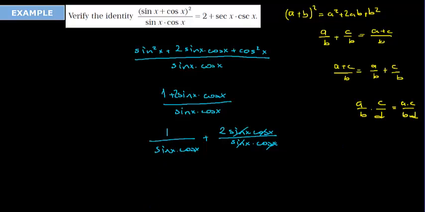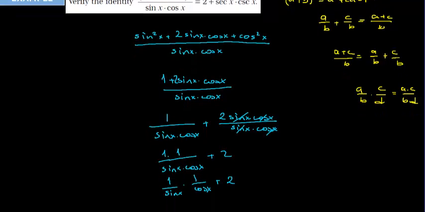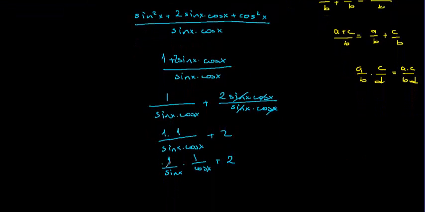So this is 1 times 1 over sin x times cosine x plus 2. Then it's going to be equal to 1 over sin x times 1 over cosine x plus 2.